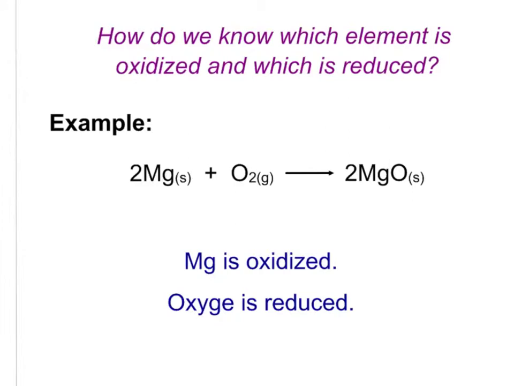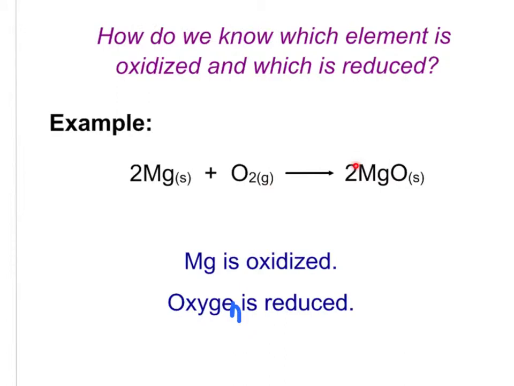So how do we know which element is oxidized and which one is reduced? And I already see a little typo here. This should say oxygen. Sorry about that. Let's look at this example. Here we have a reaction. We have elemental magnesium and oxygen, and they are being synthesized into magnesium oxide.